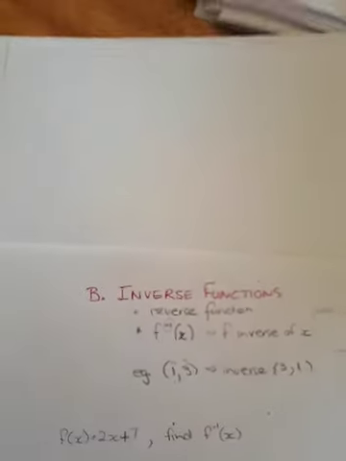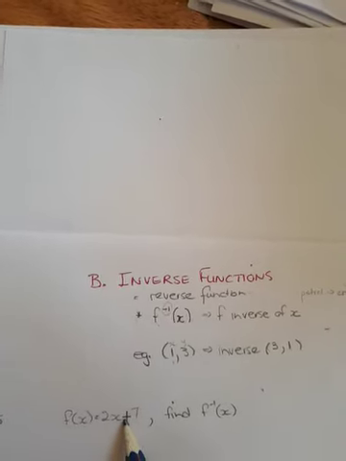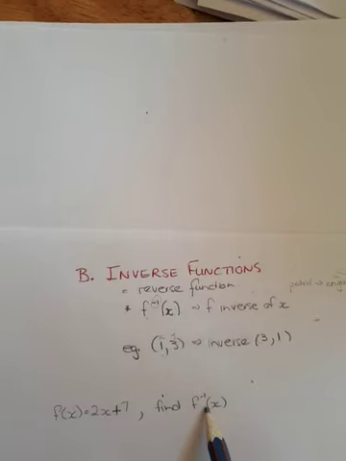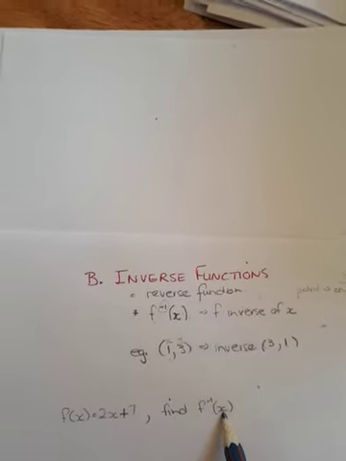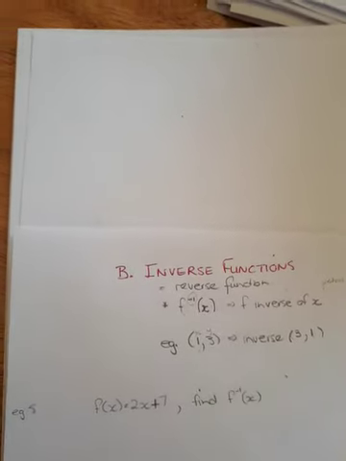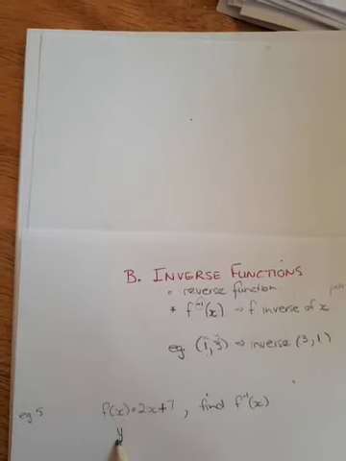Okay, let's look at an example. It gives you f of x, which is 2x + 7, and they say you must find f inverse of x. So now, importantly, I suggest that you first substitute the f of x, which we learned was y.